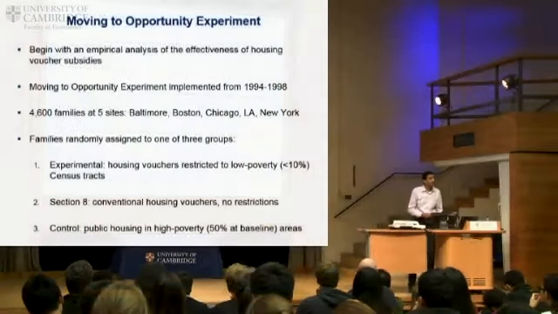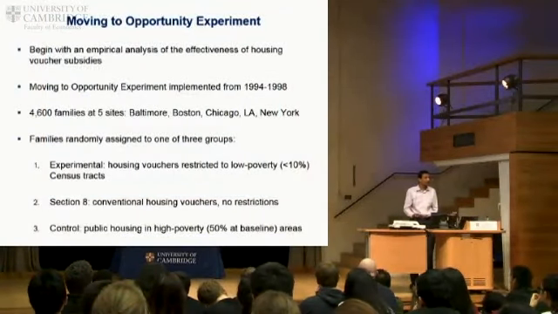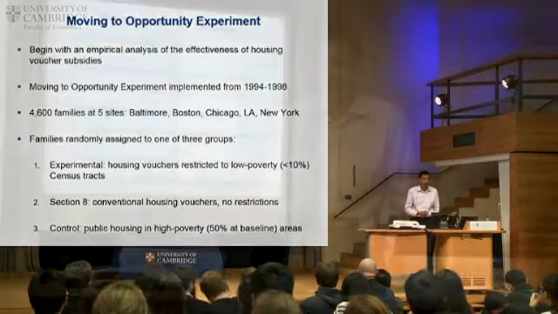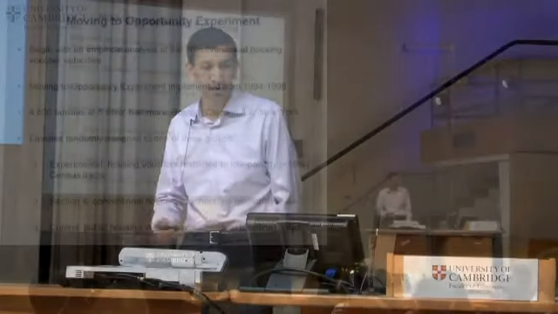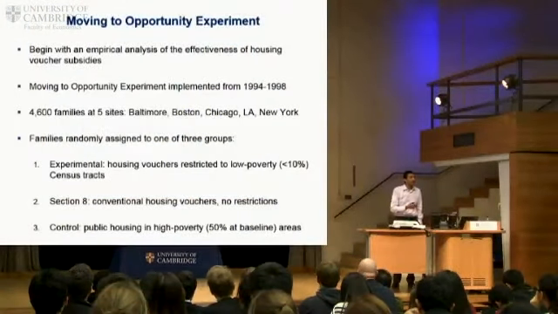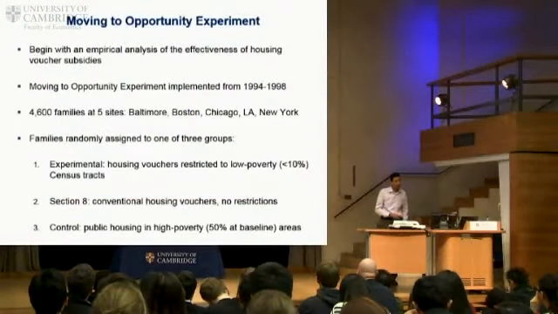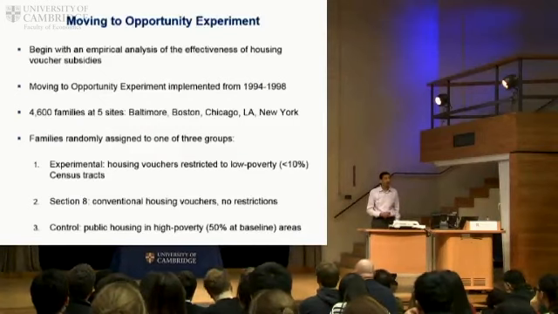So the Moving to Opportunity experiment is one of the most well-known experiments in social science. It was conducted between 1994 and 1998 in the US, and it involved about 5,000 families in 5 large cities in the United States. And the way it worked is that families were randomly assigned to one of 3 groups.